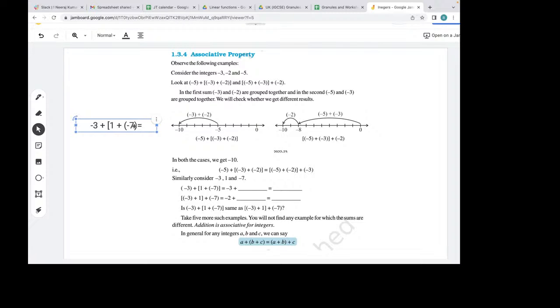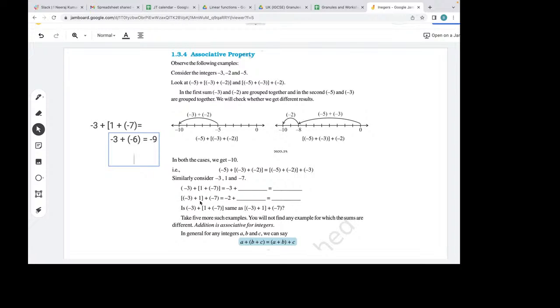All right, now if we solve this, first we will solve the big bracket. So 1 plus minus 7 gives us minus 6. Okay, and that will give us, if I add minus 3 to minus 6, I will get minus 9. Okay, now let's consider the second one, in which minus 3 and 1 are put together in a bracket.